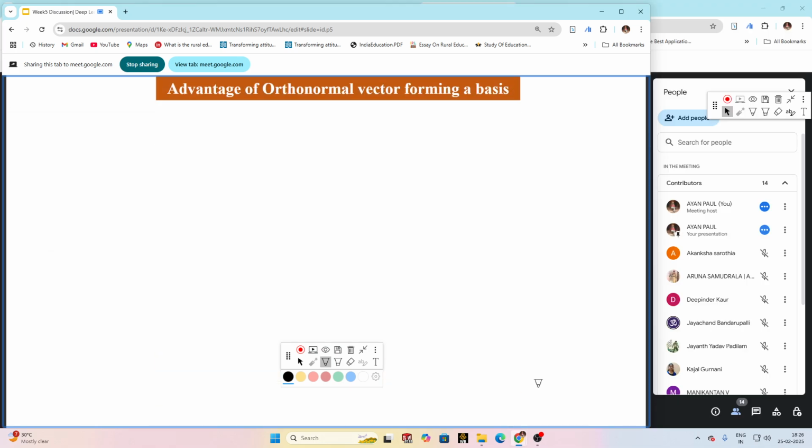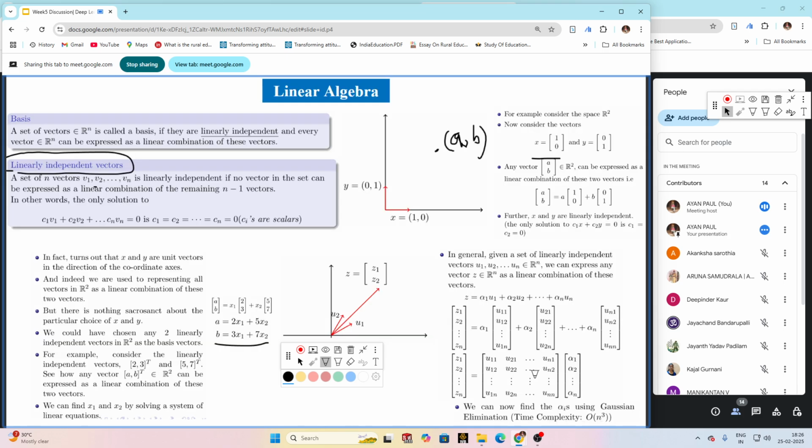Now, the advantage of orthonormal vectors forming a basis. Earlier the bases that we have seen, like 1, 0 and 0, 1, are orthonormal vectors. What are orthonormal vectors? If we take x dot y, then the answer will be 0. That means whenever we do the dot product x y transpose, the answer will be 0.